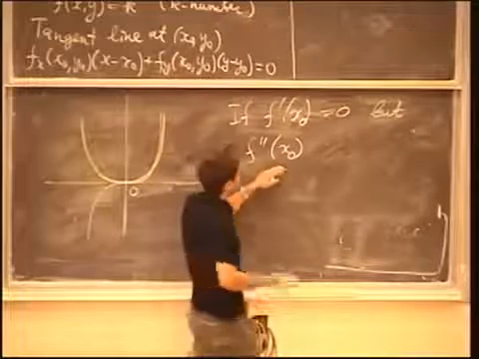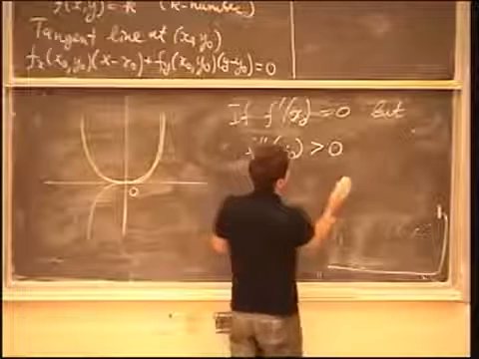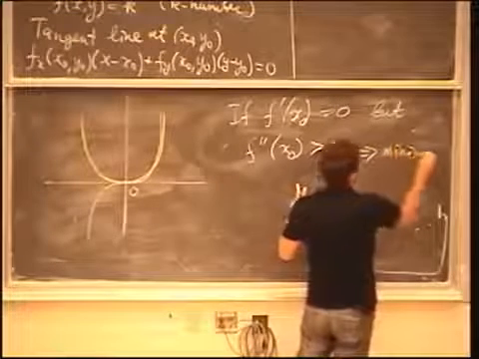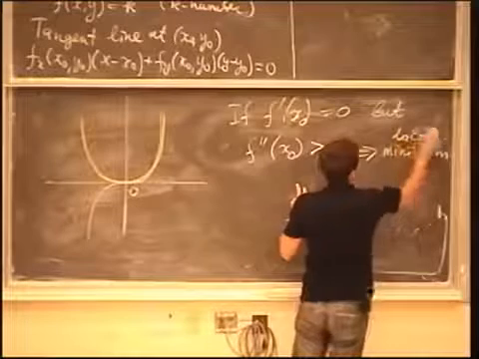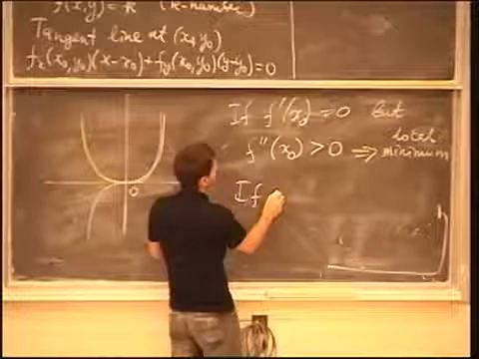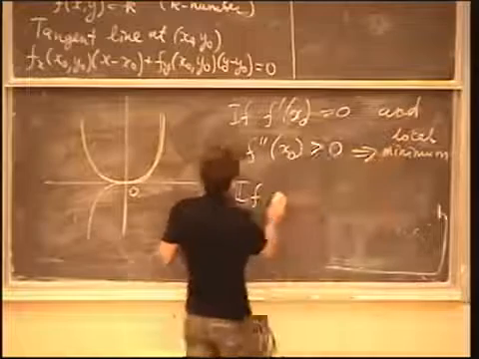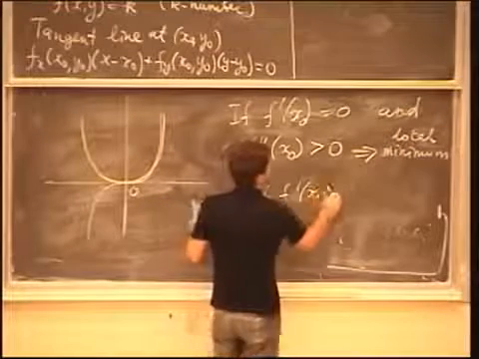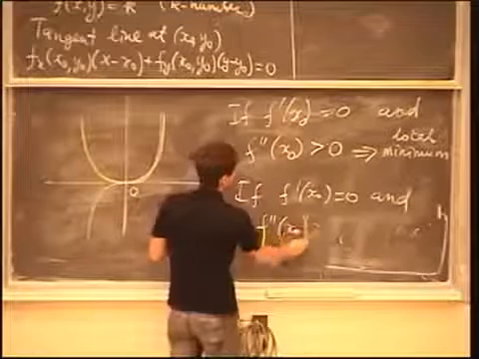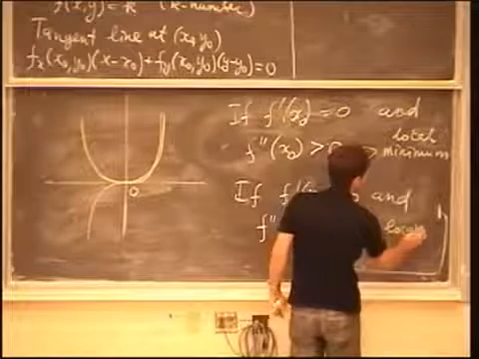But let's call it x0. If f prime of x0 is 0 and f double prime of x0 is positive, then it's a local minimum. And if f prime of x0 is 0 and f double prime of x0 is less than 0, then it's a local maximum.